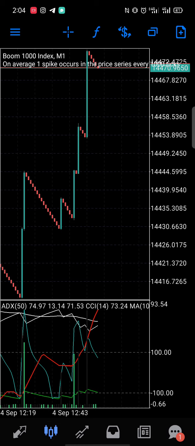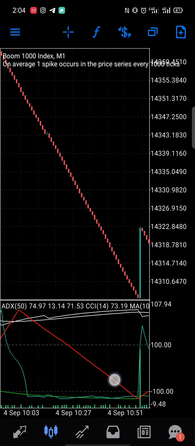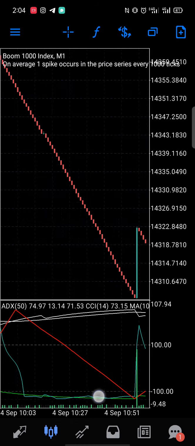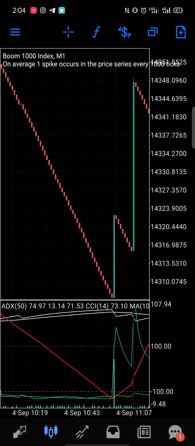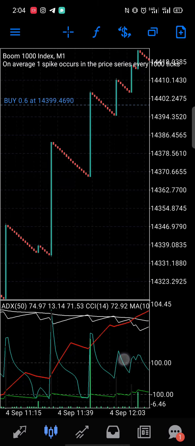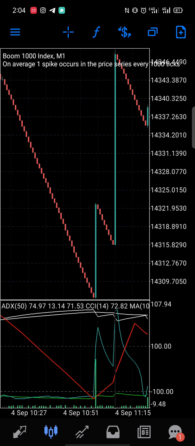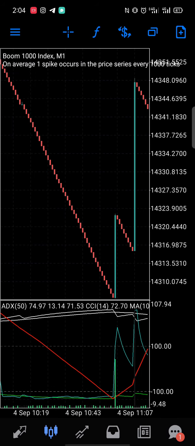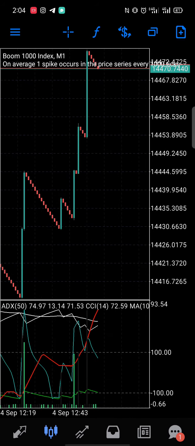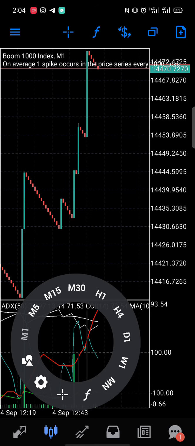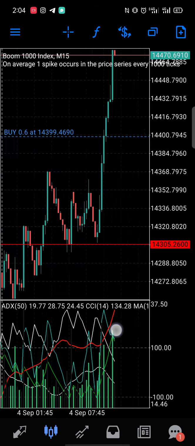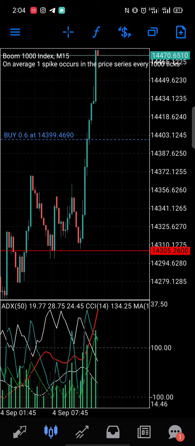So you watch out for the red moving average crossing below this green line at the oversold level. As you can see, at the oversold level, then it spikes. So you watch out for this. I'm also keeping this boom 1000 trade for long. Exactly. So it's making profit.